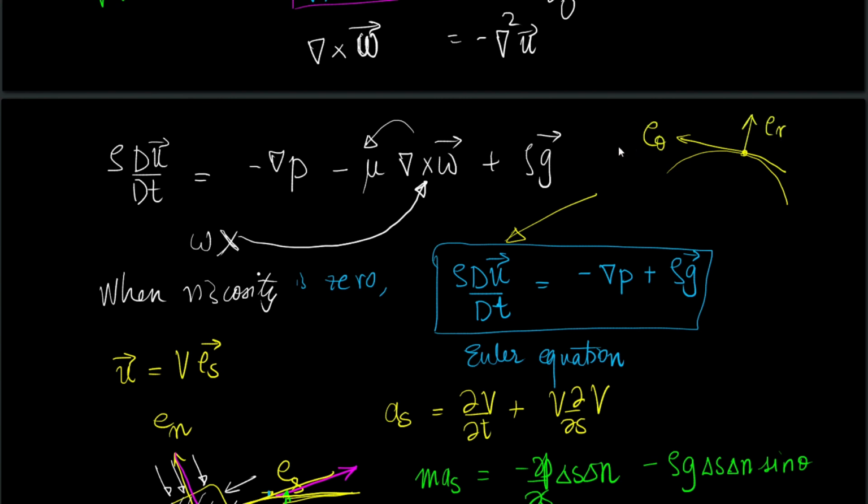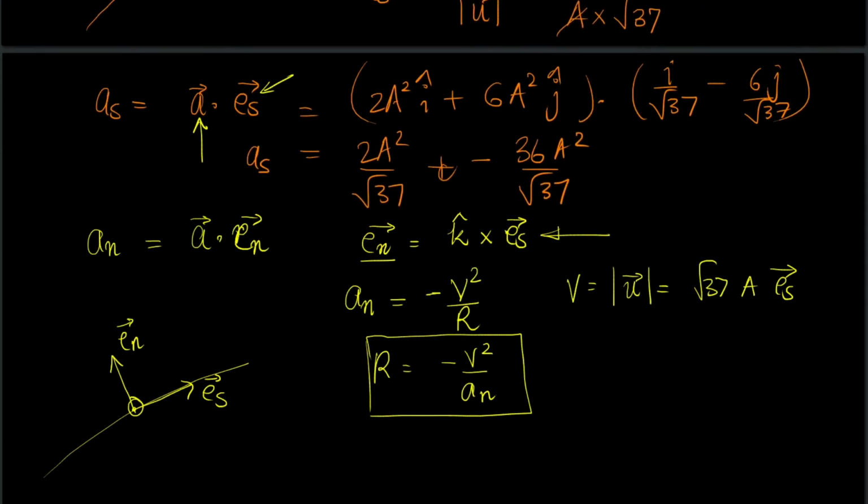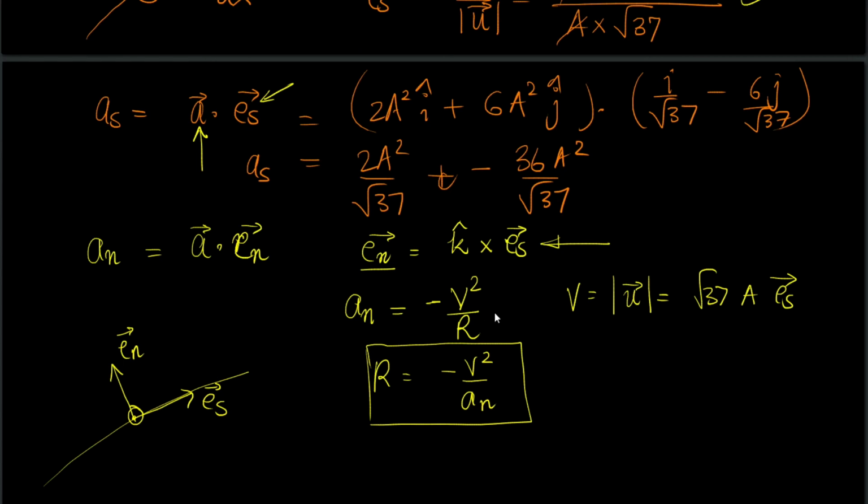So when you do that, we do find the presence of the v square by r kind of terms, and these are born out of the fact that the streamlines are curved.